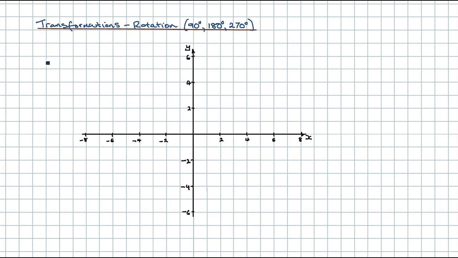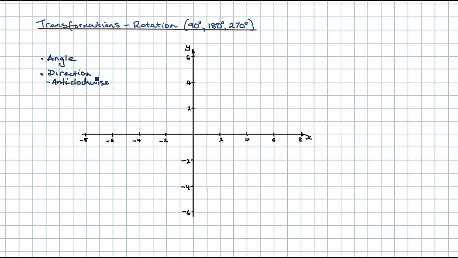Okay, so there are three parameters that we need to set when we're specifying any rotation. The first one of these is the angle through which we're turning it. The second is the direction, and we're setting this at the moment as an anti-clockwise direction.